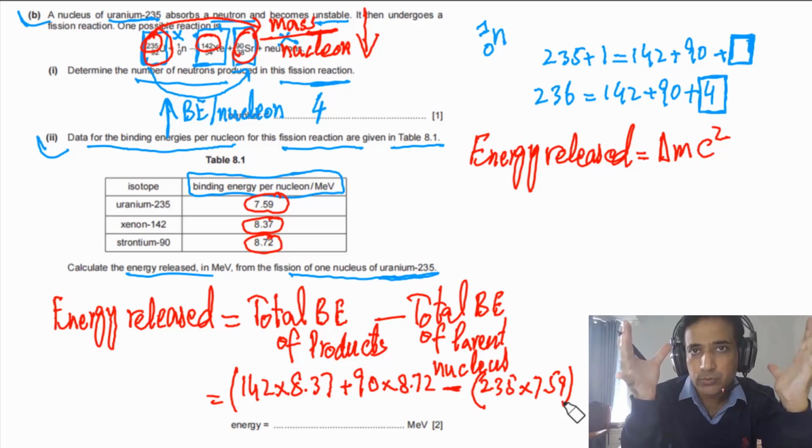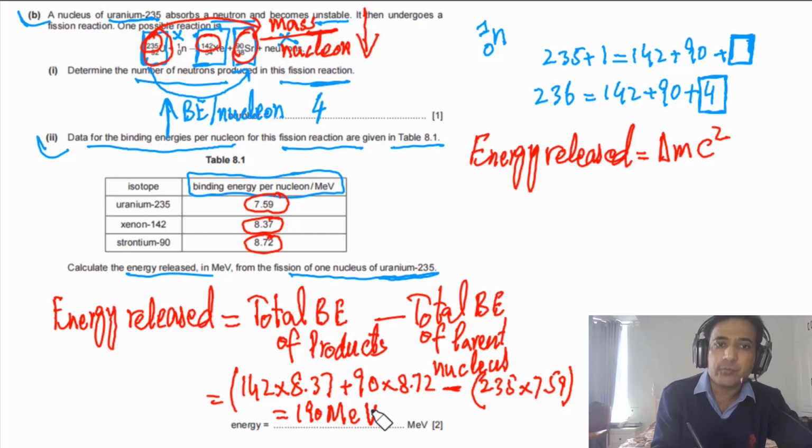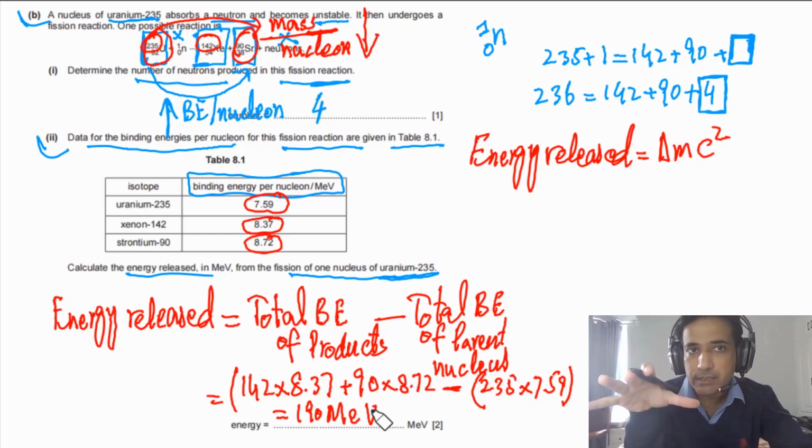That's all. This is how you need to do it. Now if we do the simple mathematics, we will get the answer, 190 mega electron volts. So this is the final answer.